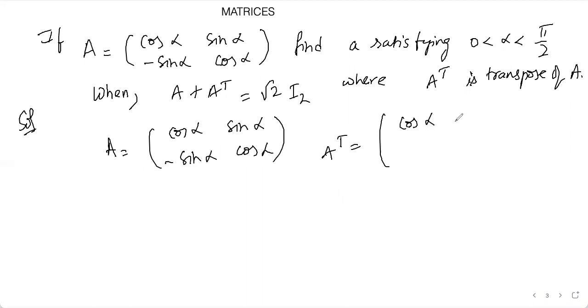Now this will be minus sin alpha and then sin alpha, cos alpha, right? So we got this. Now this would be alpha, which is pi by 4 or 45 degrees.